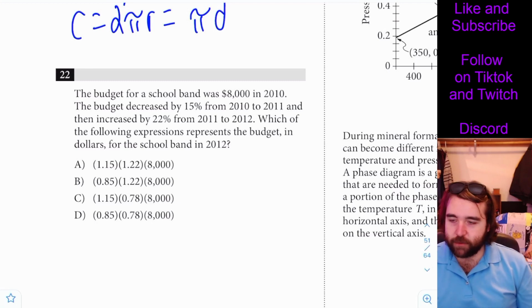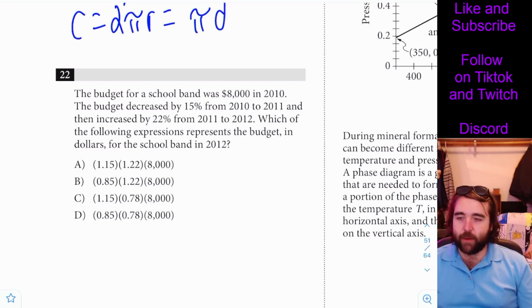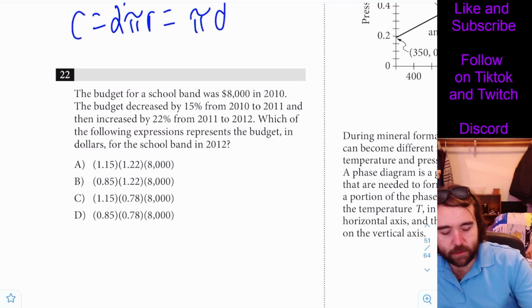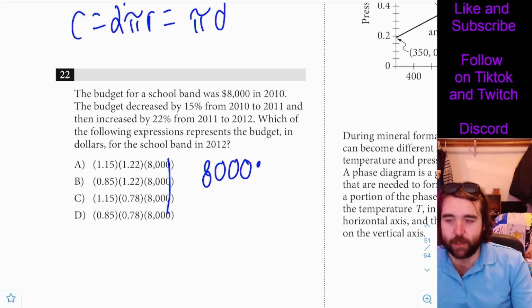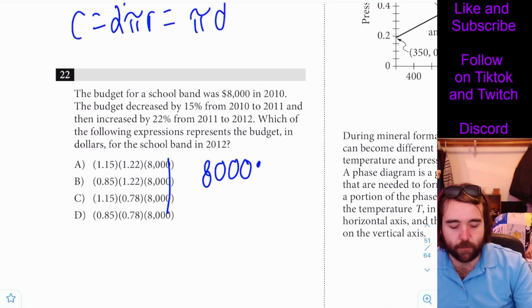All right, some fun percents. So the budget for a school band was $8,000 in 2010. The budget decreased by 15% from 2010 to 2011. Okay, so we're starting with 8,000. Remember, it's multiplication, so the order doesn't matter. It looks like all the 8,000s are last, but that's fine. So we're going to do 8,000 decreased by 15%. So multiply by 1 minus 0.15, which is 0.85.